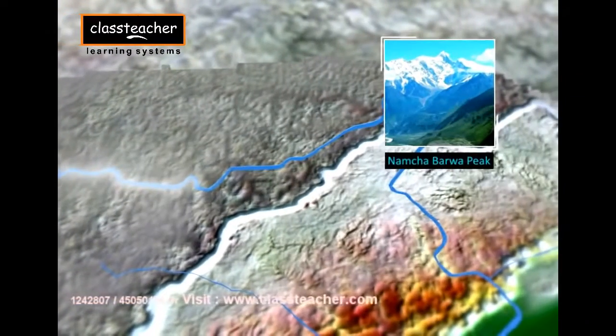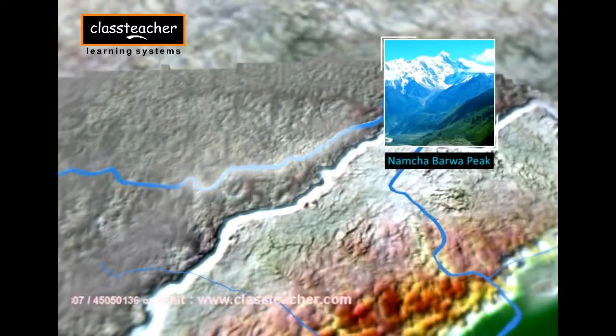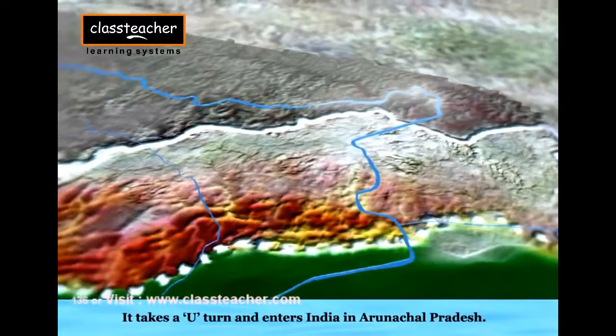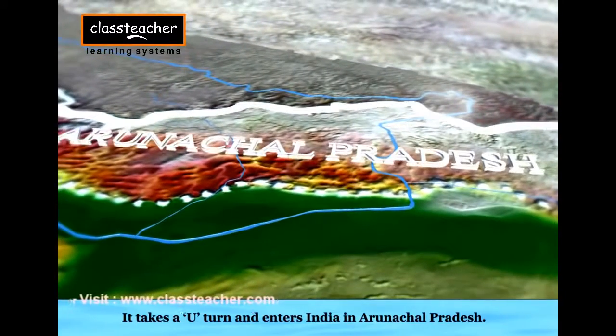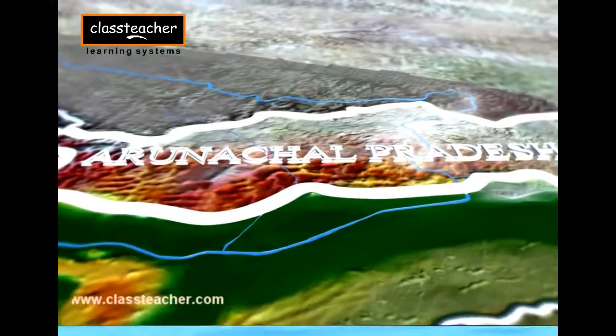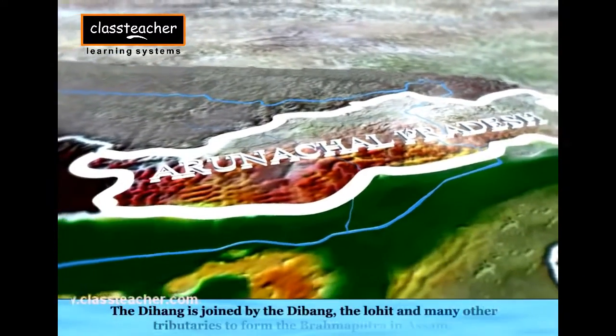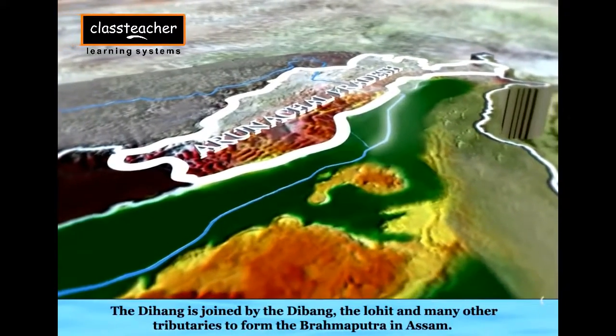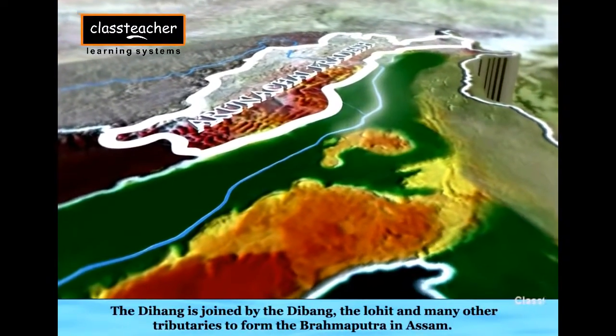The Namcha Barwa peak obstructs the flow of the river and forces it to take a U-turn. Thereby the river enters India in Arunachal Pradesh through a deep gorge. In this region, the river is popularly called Dihang and is joined by rivers Dibang, Lohit and many other tributaries to form the Brahmaputra in Assam.